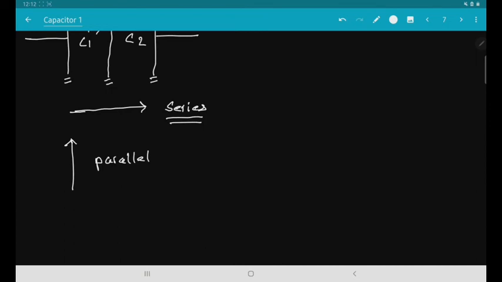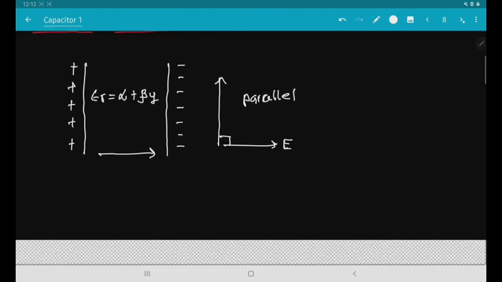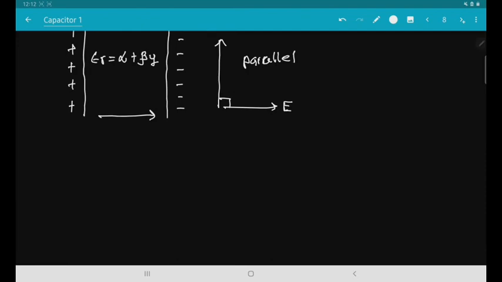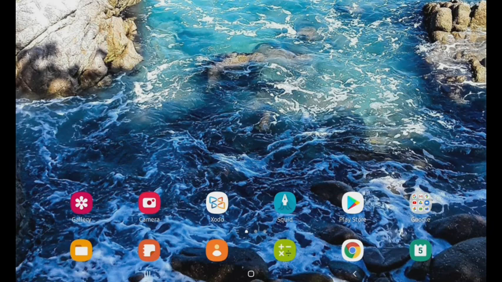Now this will be very important here, because the electric field is in this direction and we are moving vertically. That means the change is in the vertical direction, perpendicular to the direction of electric field. So we can consider this to be a parallel combination of capacitance. Let us consider a small element here and find out its capacitance.